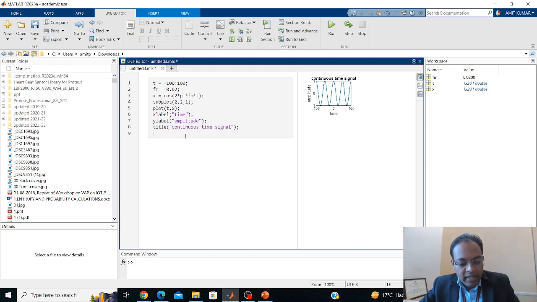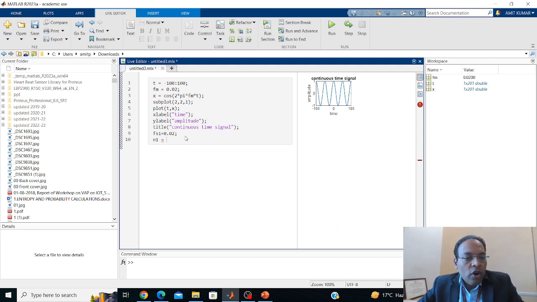So here we have to define the sampling frequency. So fs1 we will take as 0.02, and then we also have to decide the value of n1. The condition is t is equal to n multiplied by Ts, which is nothing but n divided by fs.